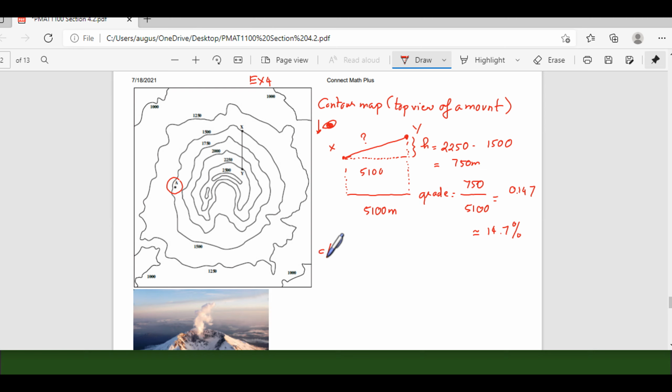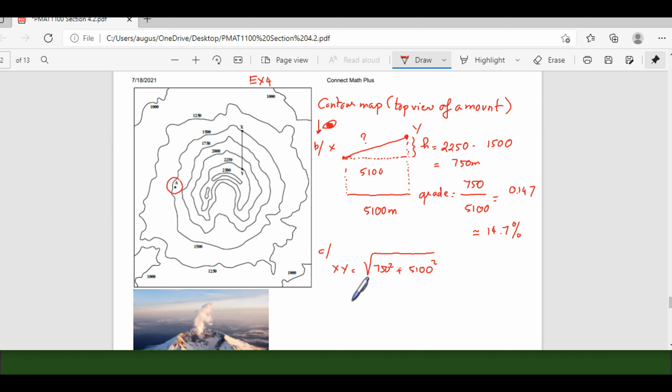So this is part C, and that was part B. So you just need to, I'm going to put XY, you apply the Pythagorean theorem. So it's going to be the square root of 750 squared plus 5100 squared.